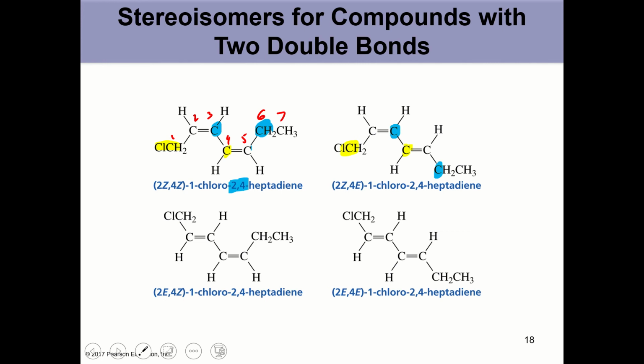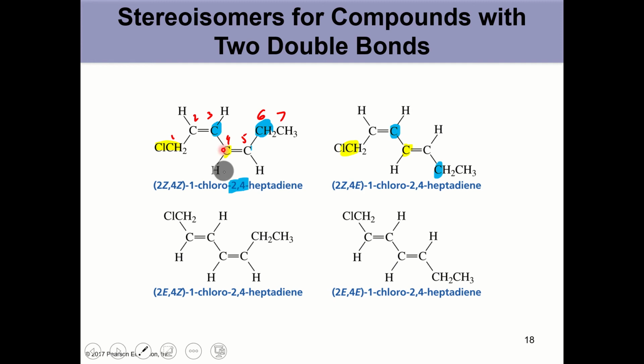Okay, so comparing our high priority groups for the first molecule are highlighted in yellow for the first pi bond and in blue for the second pi bond. The yellow, in this case, chloro CH2 is higher priority than hydrogen.